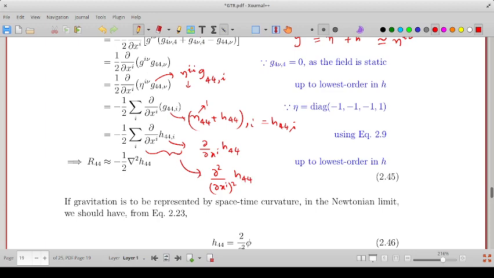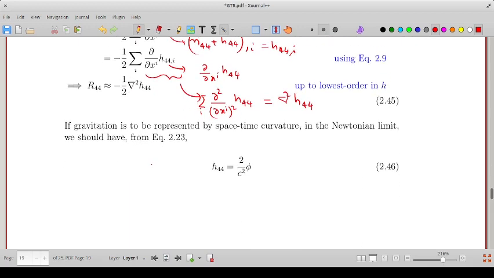Now we have the sum over I. So in that particular frame of reference, this is the sum of the second derivatives of the spatial coordinates, and this is nothing but del square of h. So we have R44 approximately equal to minus half del square h44 up to the lowest order in h.